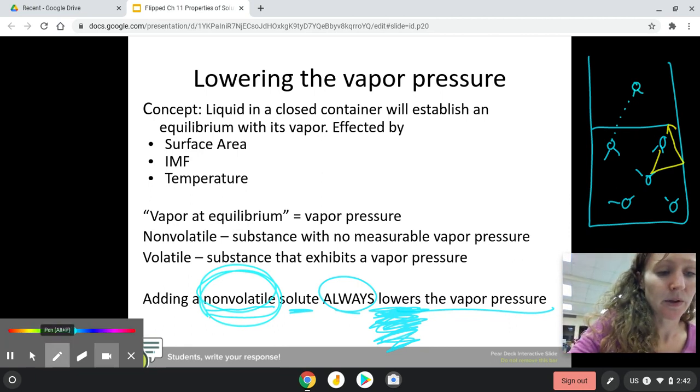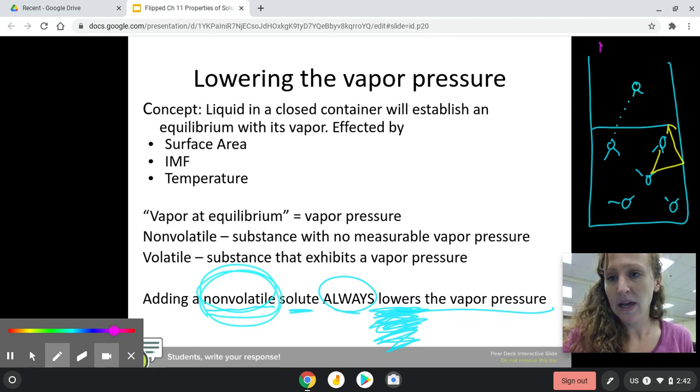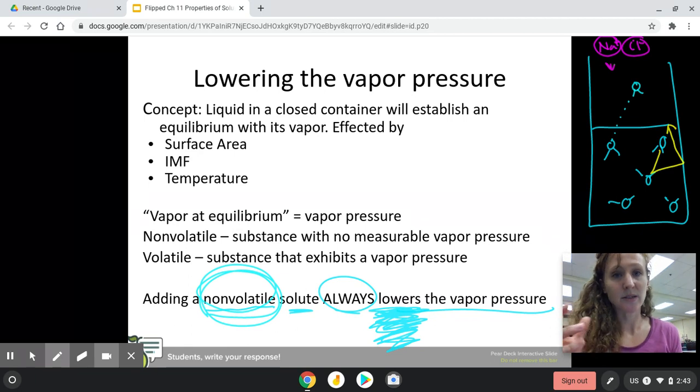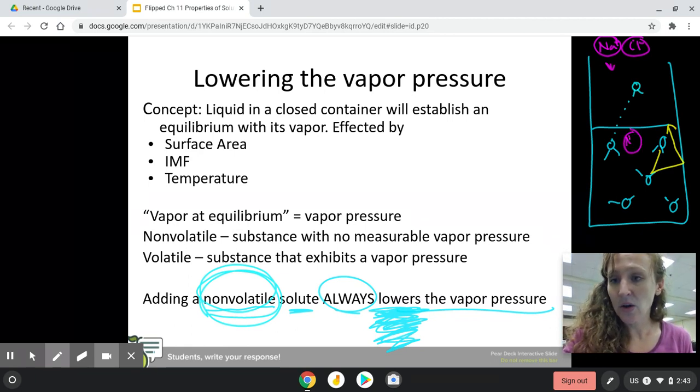So for example, let's say we dissolve into our water some Na+ and some Cl-. So we're going to put some salt into this water. Now, salt is non-volatile. It's not going to spontaneously turn into a gas by itself, right? And salt is also attracted to certain parts of that water.